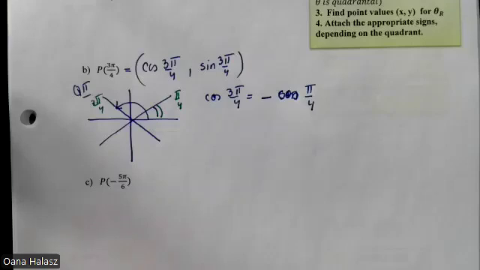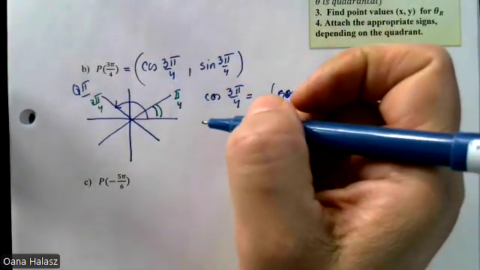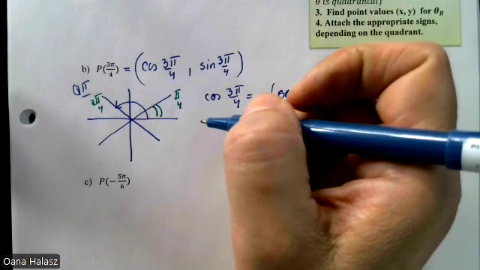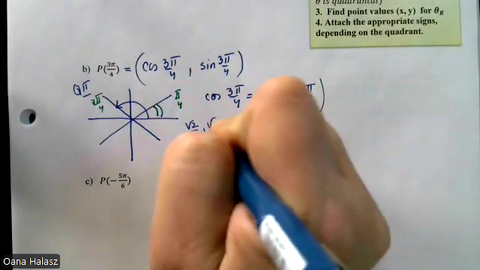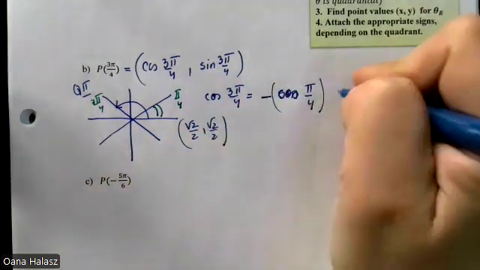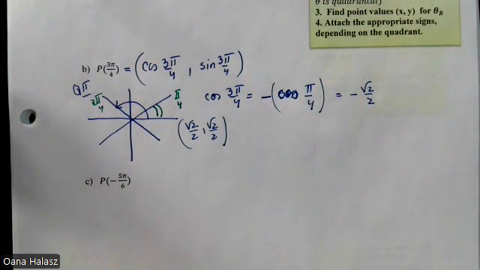Because again, cosine values are the x values, right? In quadrant 2, the x values are negative, right? Does that make sense? So now what's cosine of pi over 4? Because for that one, I memorized my unit circle in quadrant 1. You will have the square root of 2 over 2, square root of 2 over 2, right? And it's going to be negative square root of 2 over 2. How about the sine?